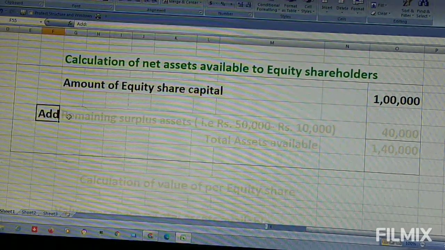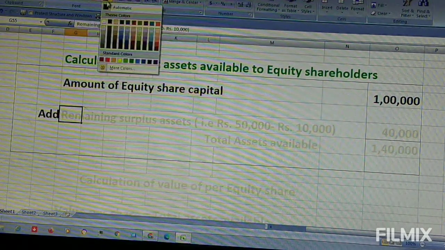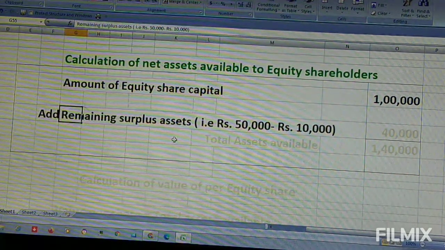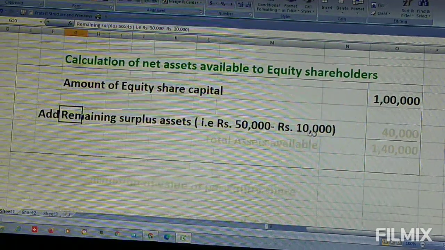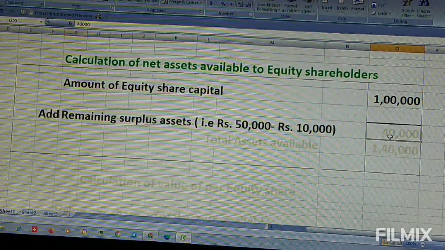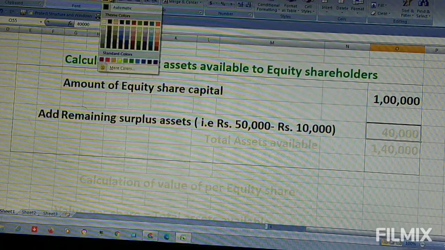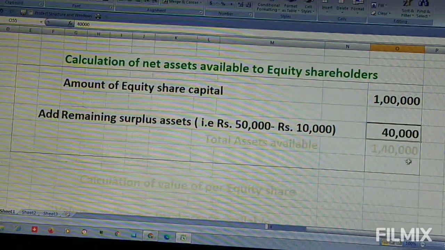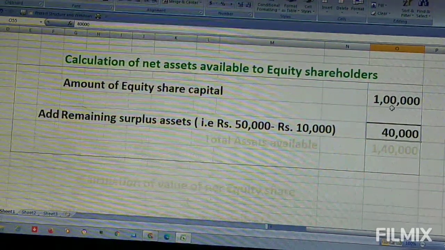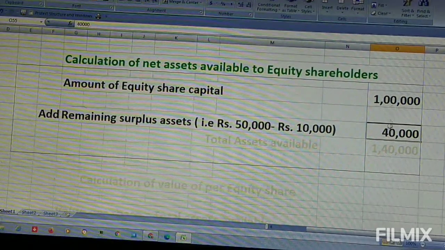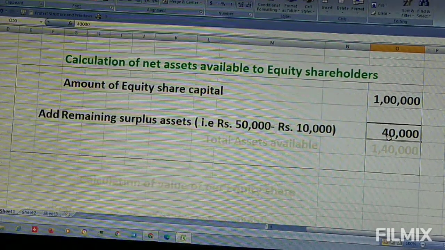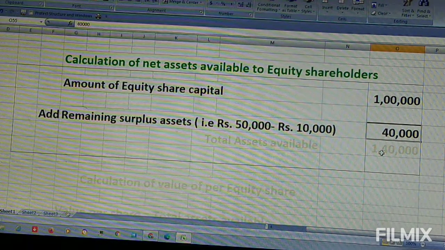Add remaining surplus assets, that is rupees 50,000 minus rupees 10,000, that is 40,000. So 1 lakh is the amount of equity share capital and 40,000 is surplus available to equity shareholders.